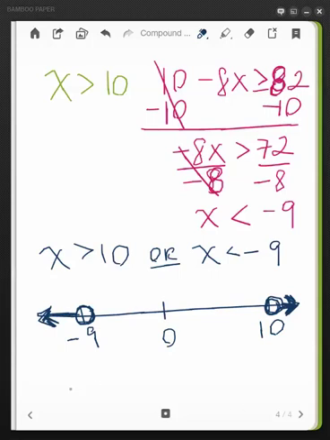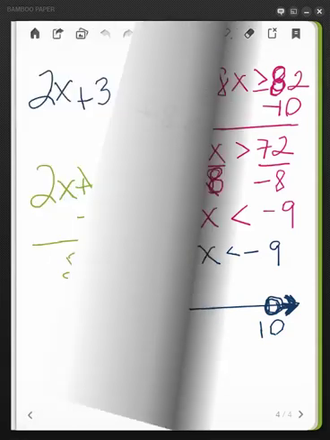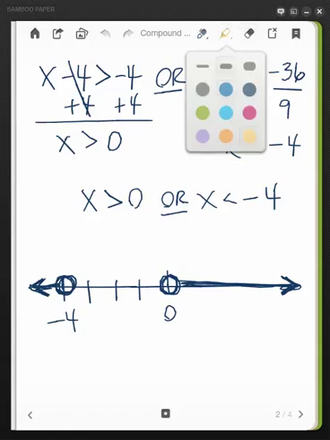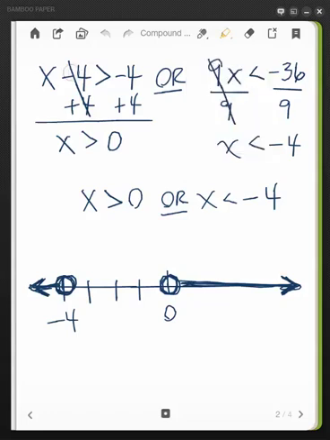So let's look back at the two examples that we just did, just to review. So our first example, we were given this one here. X minus 4 is greater than negative 4.